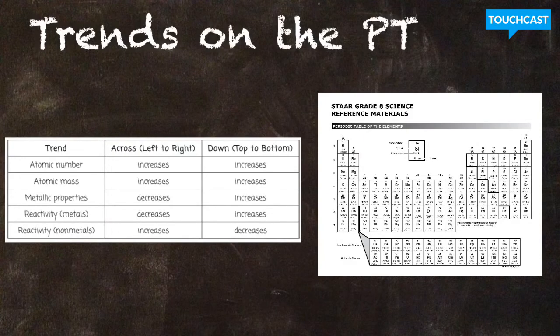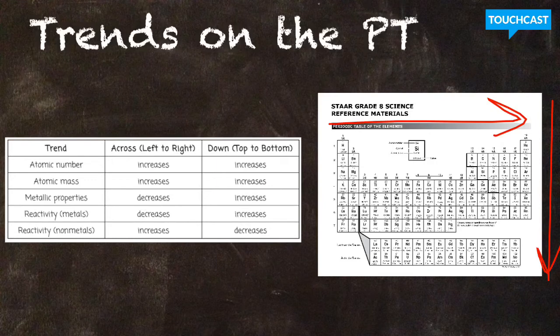Okay, so the last thing that will be discussed in this particular video is trends on the periodic table. The 2 easiest trends to spot are atomic number and atomic mass because they are written on the periodic table itself, and those both increase as you move left to right across the periodic table and as you move down the periodic table. Metallic properties are slightly different.